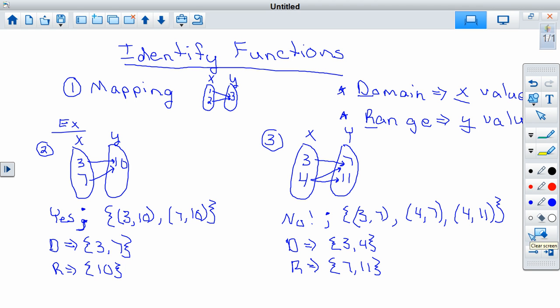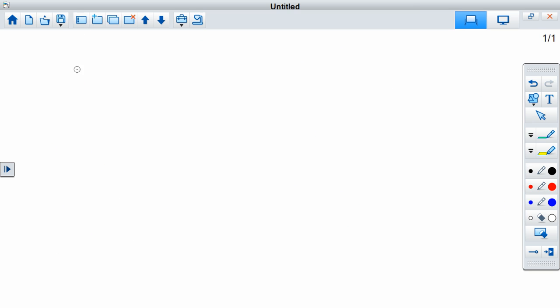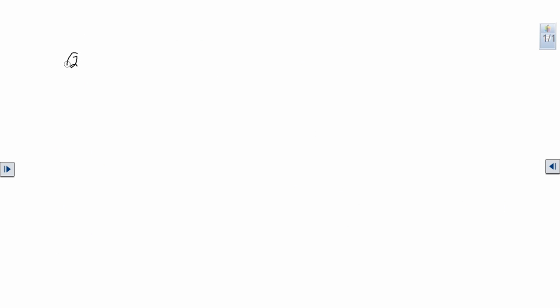Let's move on to doing this with sets of points. So this was like the second way you had to identify functions, right? Mapping was first. Set of points would be next. All right, so let's do some examples. Example 1, do your set notation, your little brackets.